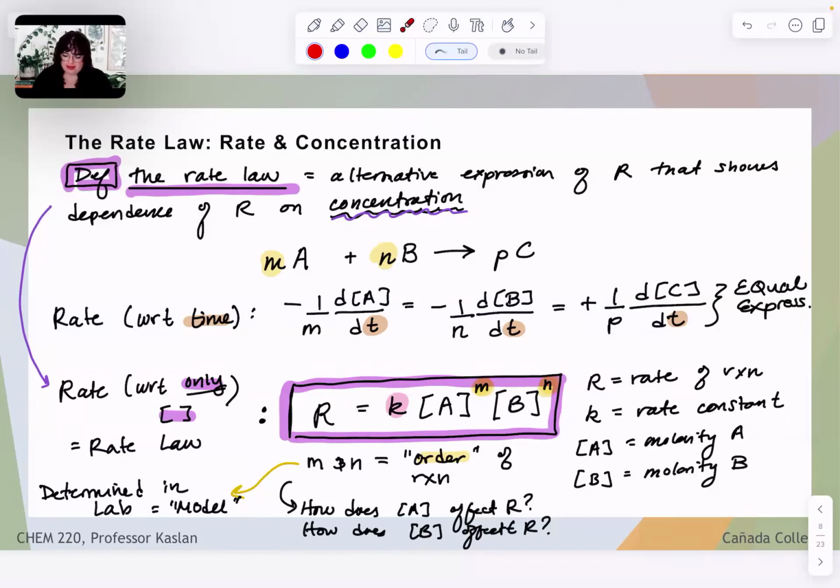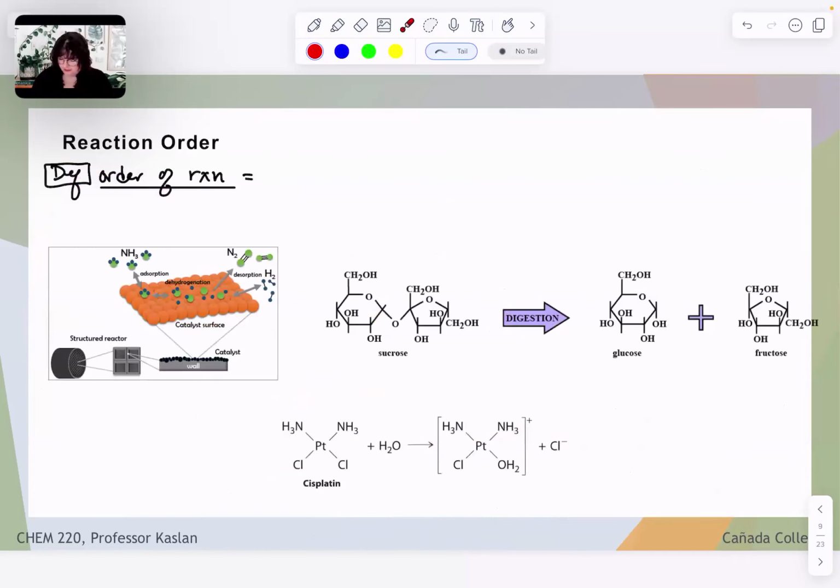So this is what we expect in theory, but in reality, if we were to determine the rate law for some reaction, and thus get the orders of each reactant in that reaction, we would have to get that from experimental data. So let's talk about the meaning of reaction order, and I'll give you some examples of what that looks like.